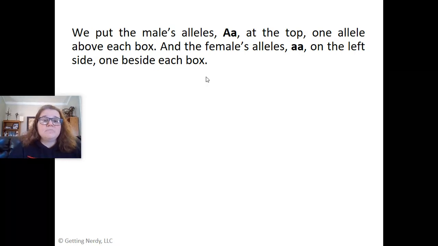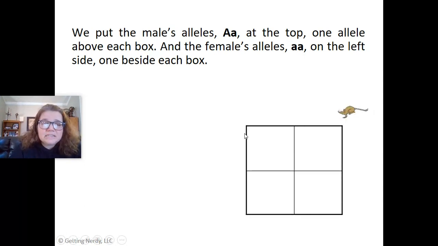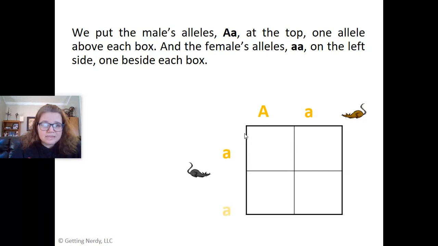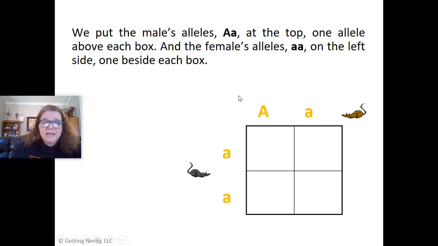We're going to put the male's alleles, the capital A and the lowercase a, at the top, one allele above each box. Then we're going to put the female alleles, the small a, on the left-hand side, one beside each box. So the male is always going to go across the top. The female is going to go down the side. And notice how you put them kind of right in the middle of those boxes.